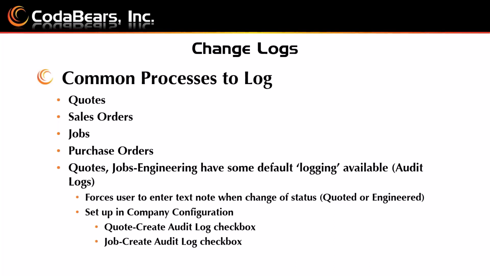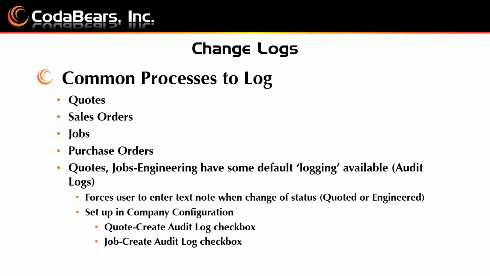There is some default logging, and it's not really logging. They're called the audit logs. It's available for quotes and for jobs and engineering. And there might be one or two other places, so help me out if I haven't located them. Basically, this is a process within ERP where you force a user to enter a text note when there's a change of status within that record.